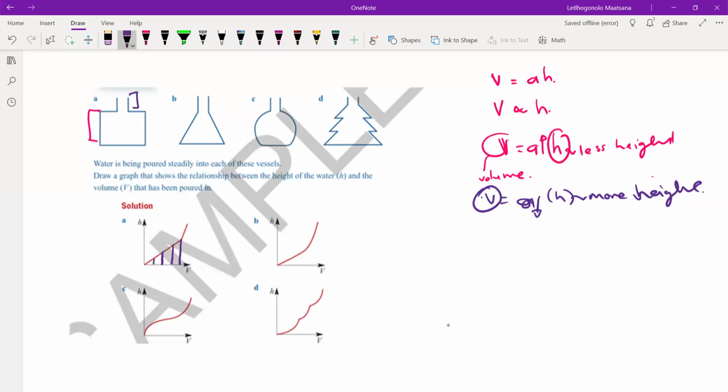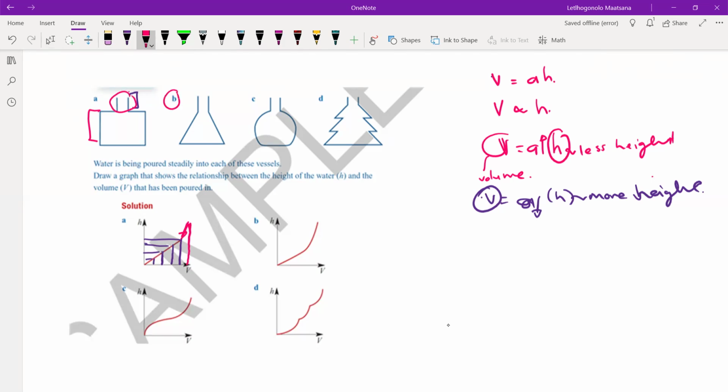We will notice that this part is constant, but the height is less for the same amount of volume because the cross-sectional area is more. And for the second part, for the same amount of volume, we would have a much higher height because we have a much smaller cross-sectional area. So we're expecting a gentle rise here and a steep rise over there.